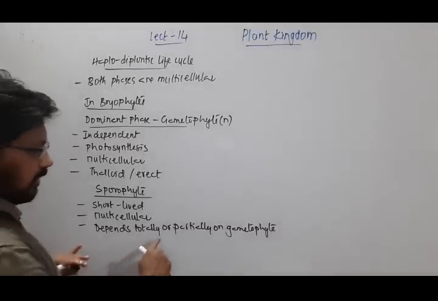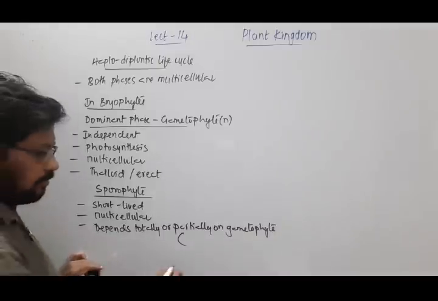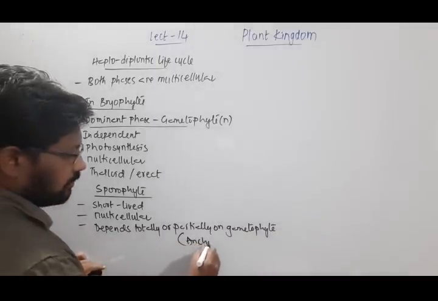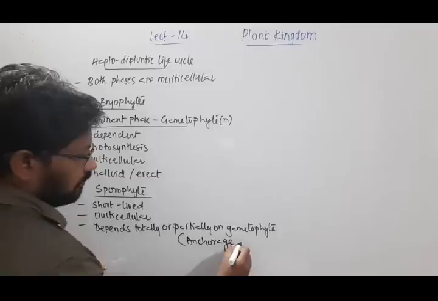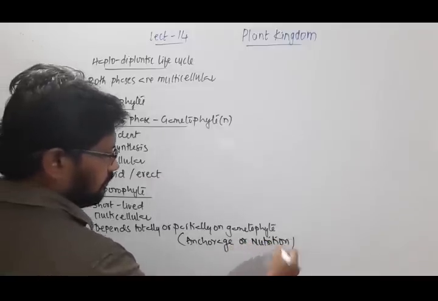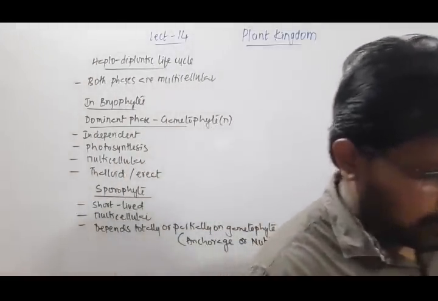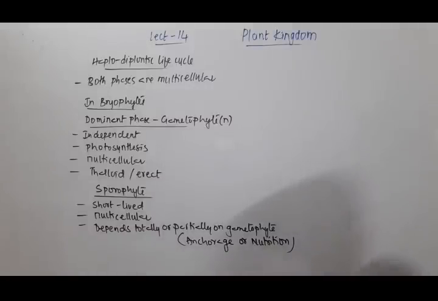One point here: it depends totally or partially on the gametophyte, and that may be for the purpose of anchorage or nutrition. Anchorage is the support for its growth, and nutrition is also required for its growth.